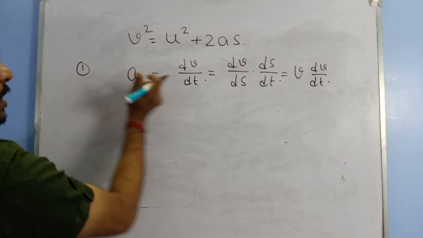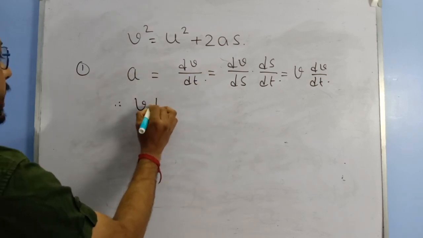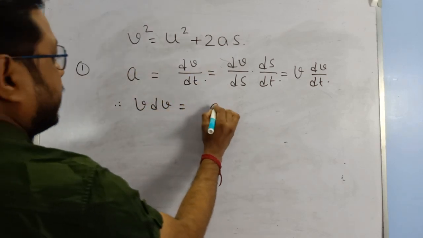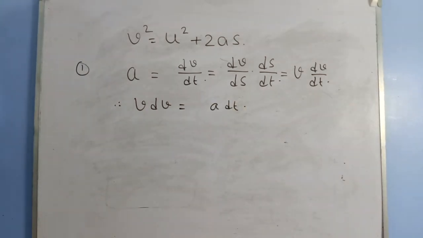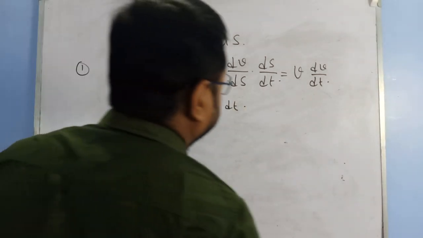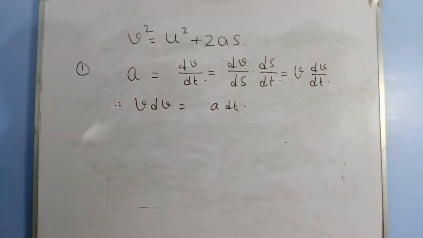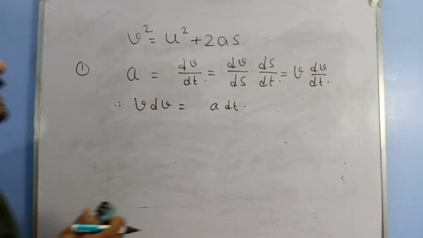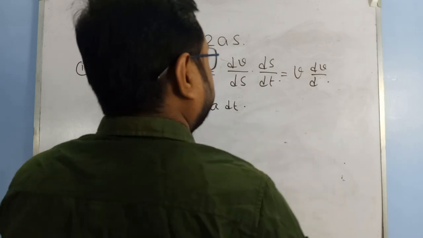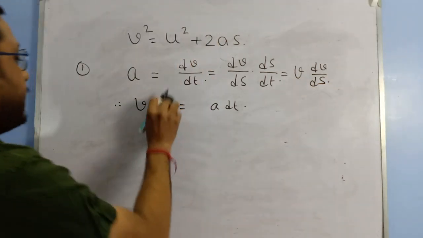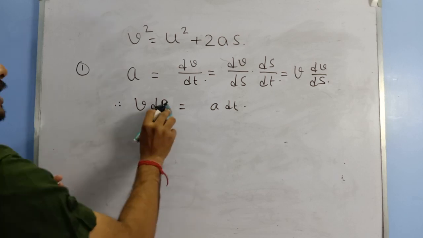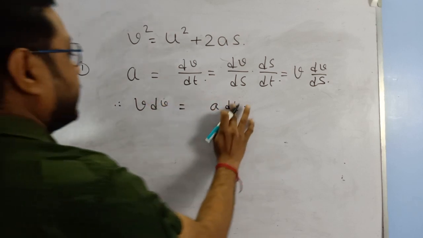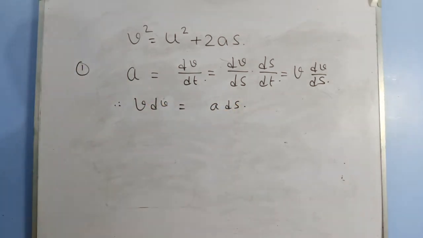So we say that v dv equal to a ds, or a multiplied by ds. V dv equal to a ds.